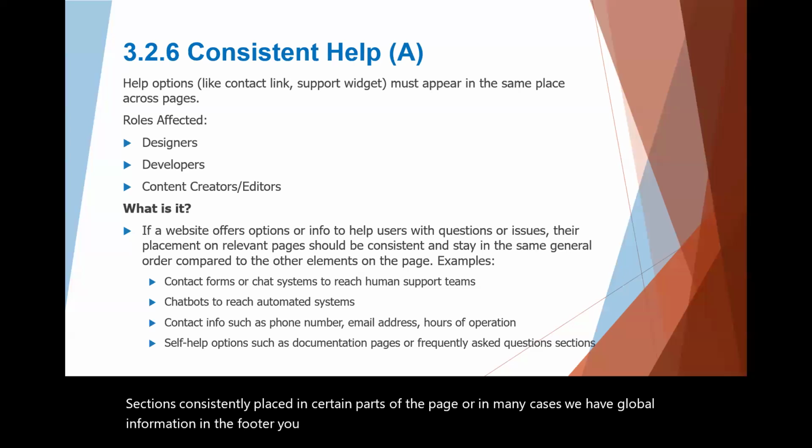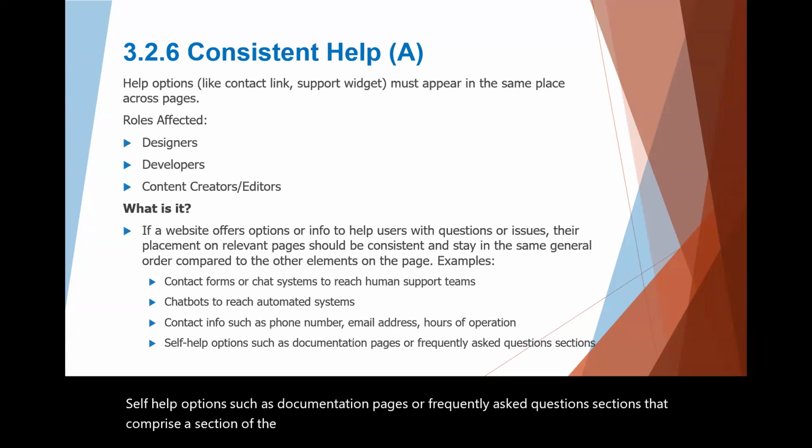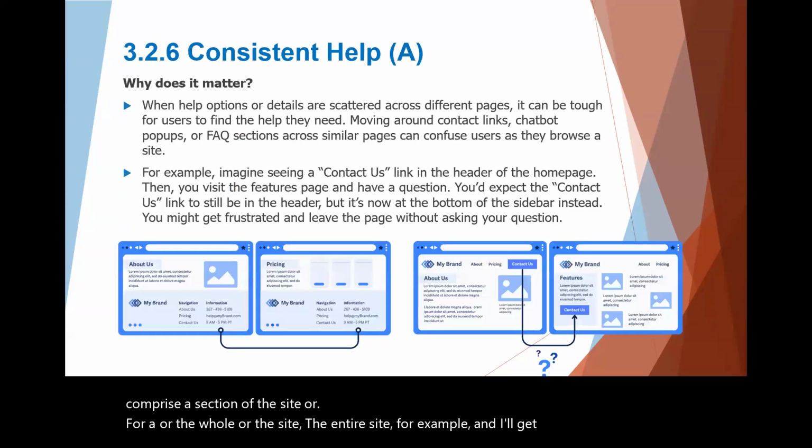Those are just some examples of what we're talking about. There are also self-help options such as documentation pages or frequently asked questions sections that comprise a section of the site, or the entire site, for example. I'll get into some more explanations here.